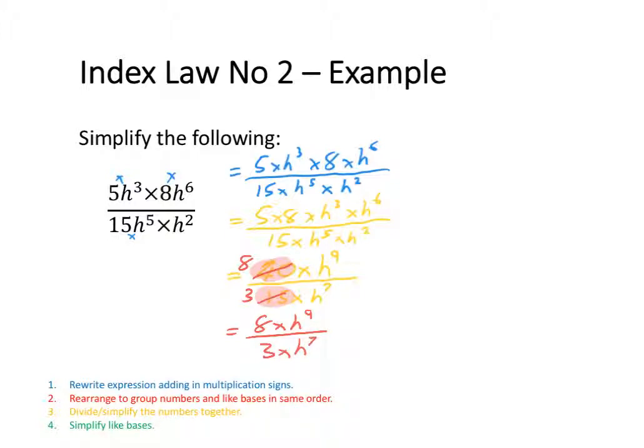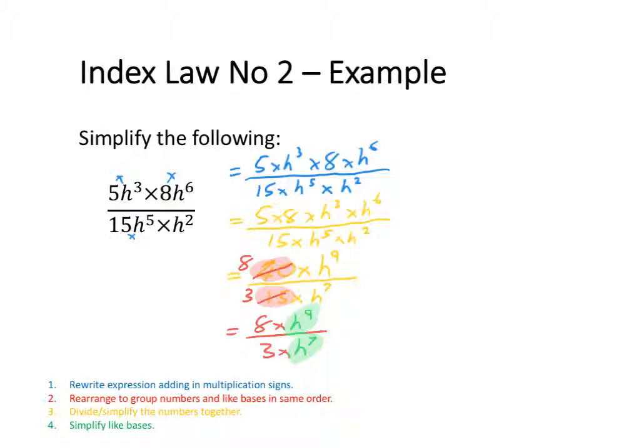Now that I've simplified my numbers, I need to simplify my like bases. I've got an h to the power of 9 and an h to the power of 7. Using the second index law, I know I can simplify like bases by subtracting my indices when I'm dividing.